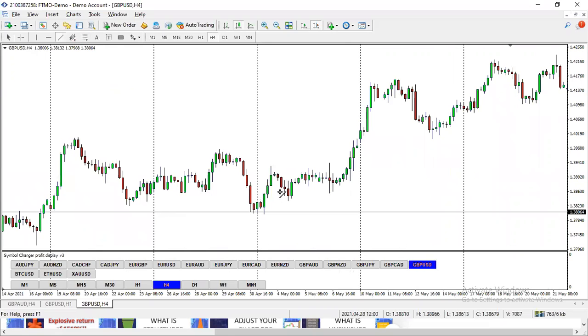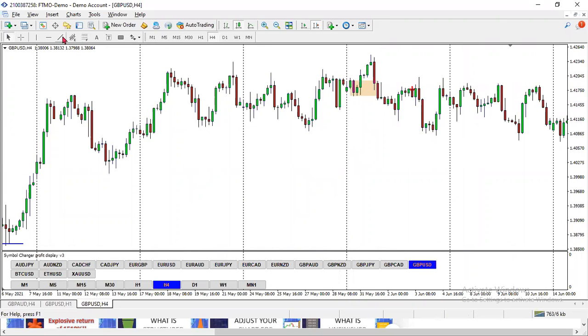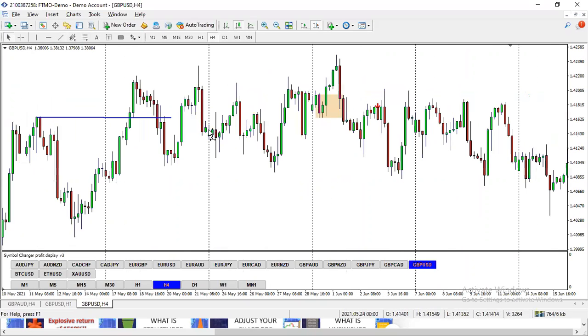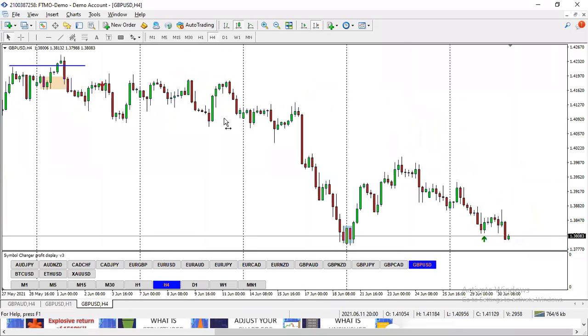Notice how it contested the low and then you have a massive push to the upside. Notice how it took out the high. Then you had this, there's nothing massive about that, of course. So notice how it took out the high and then you had your drop to the downside.